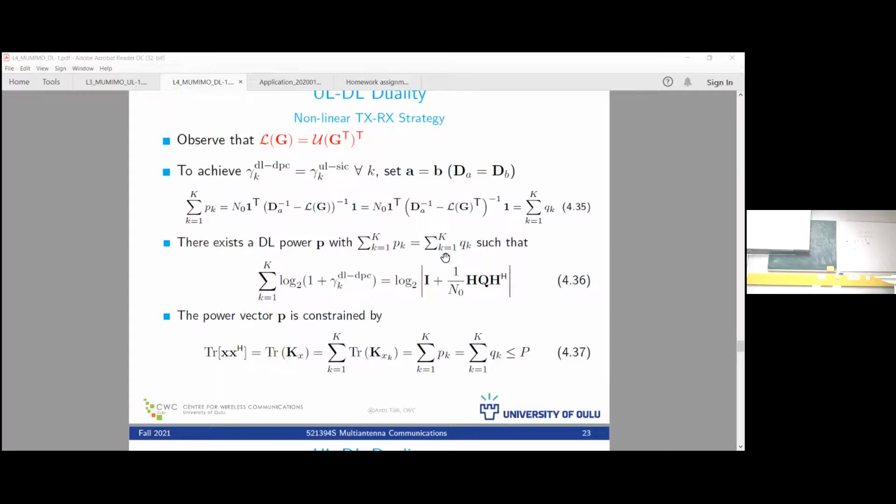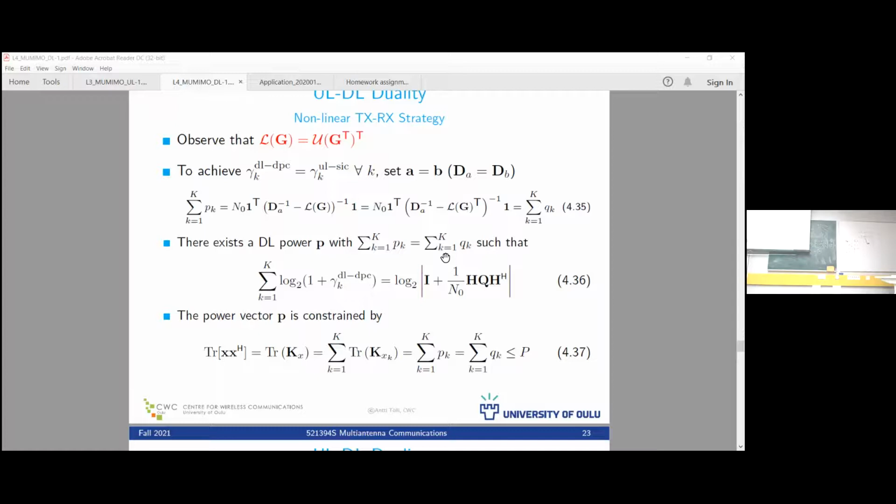But now we have a power constraint, which is the total power constraint for P, which is the total constraint for Q. Okay, so it means that the transmit power constraint, which is trace of X, in the downlink is the same as the trace of the covariance matrix.